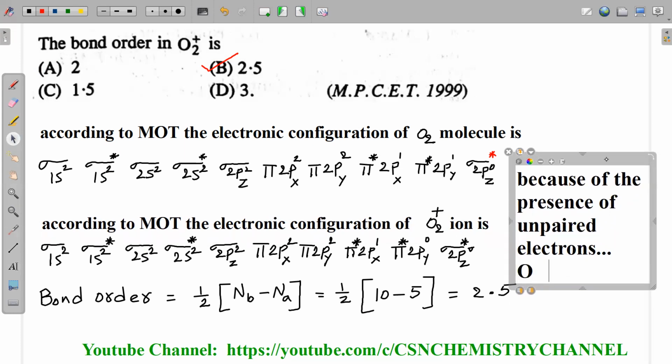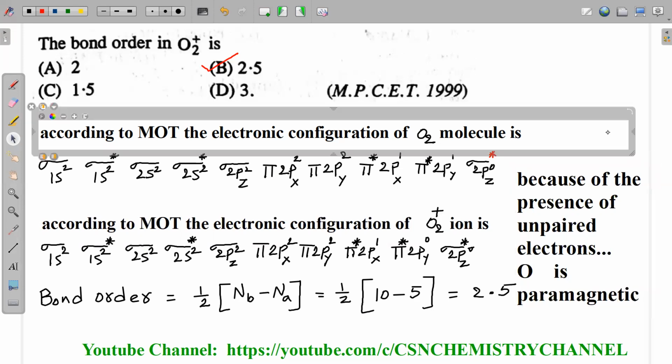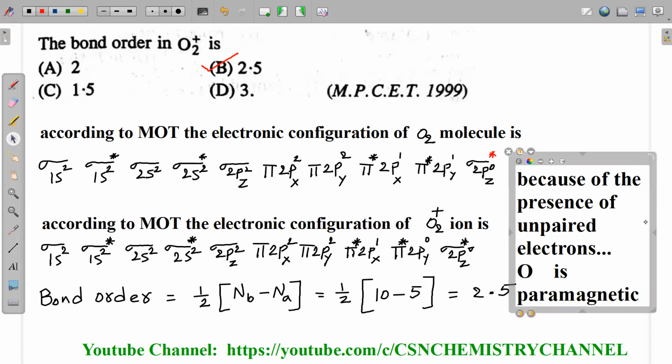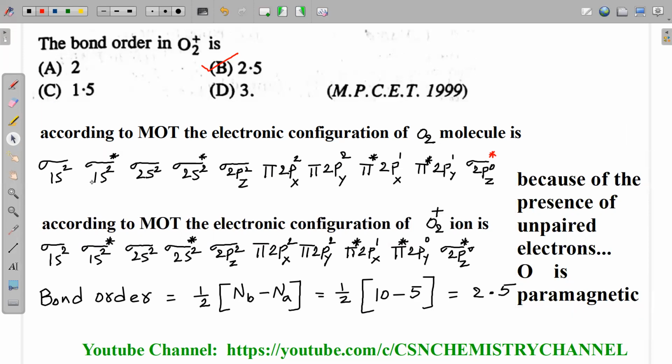O2 plus is paramagnetic. Yes, here I'm going to write. So some technical issues are there. Just hold on. Here we have to write O2 plus.